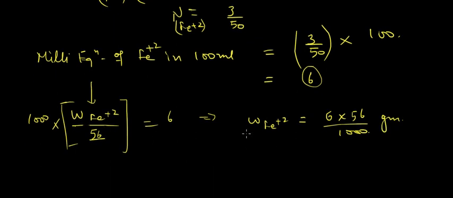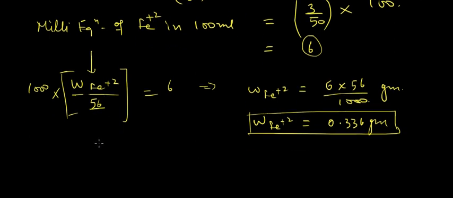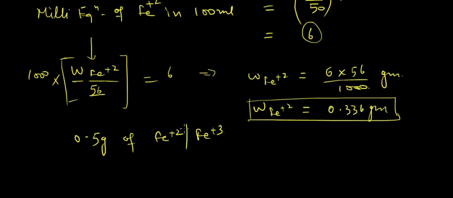So this gives us weight of Fe2+ as 0.336 grams, and we know that the original sample contains only 0.5 grams of ferrous ion and ferric ion, in which 0.336 gram is ferrous ion, hence ferric ion would be 0.5 minus 0.336.